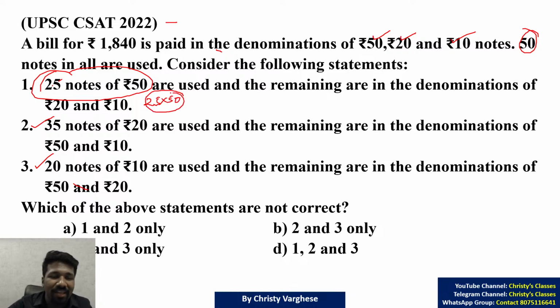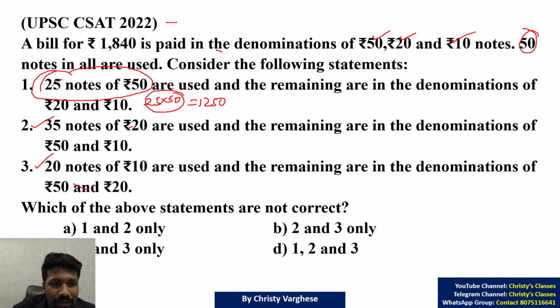In speed math, 25 into 50 can be done super fast. 25 into 100 is 2500, so 25 into 50 will be half of 2500, which is 1250. Some speed maths will help you do the questions faster. So 1250 is the amount of money due to these 25 notes.